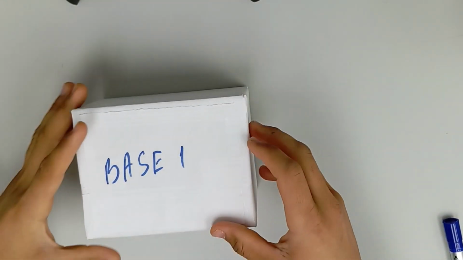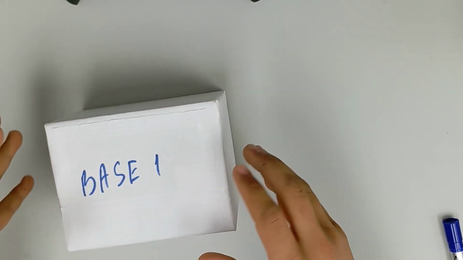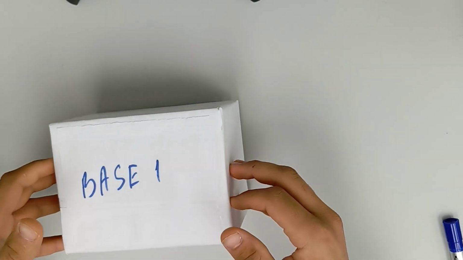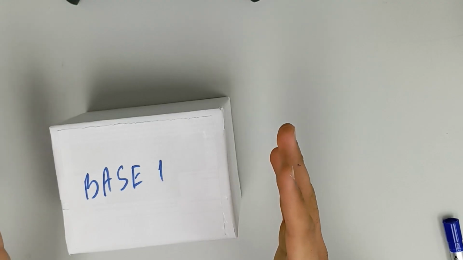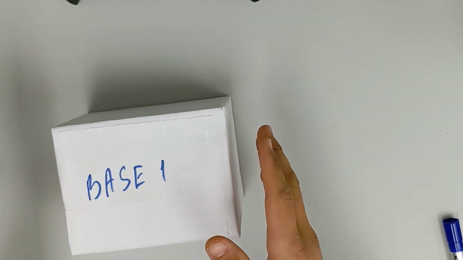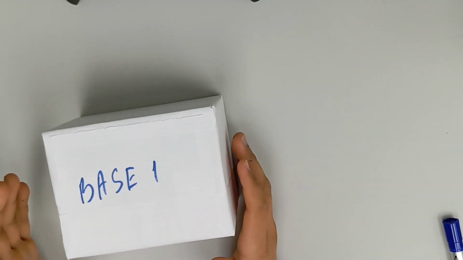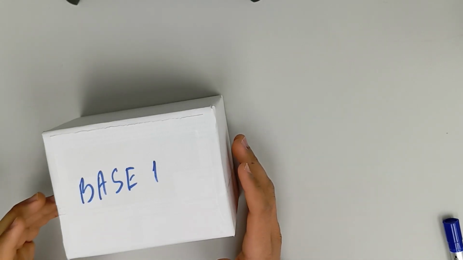The prism has two bases, top and bottom, which are identical, and several lateral faces that are rectangles. So the total surface area of a prism is 2 times the base area plus the lateral area. The lateral area is found by multiplying the perimeter of the base by the height of the prism.